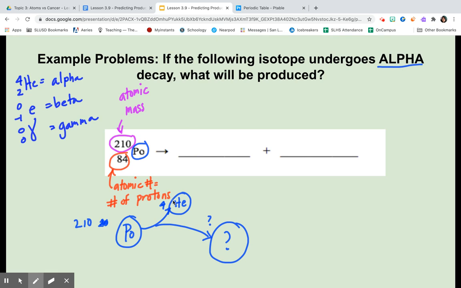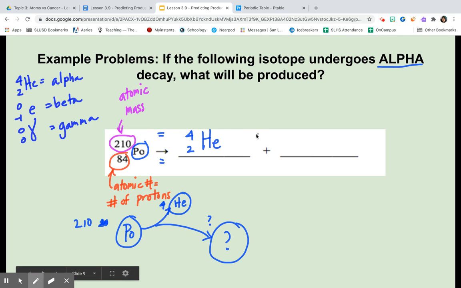Therefore, one of the particles that I make has to be the alpha particle with a mass of 4 and 2 protons, and the symbol He, because if I have 2 protons, I have a helium. And I also recall in this drawing that these two need to add up back to 210.